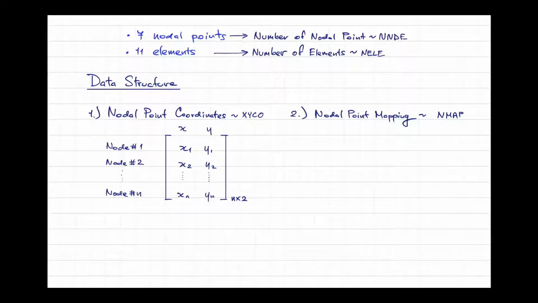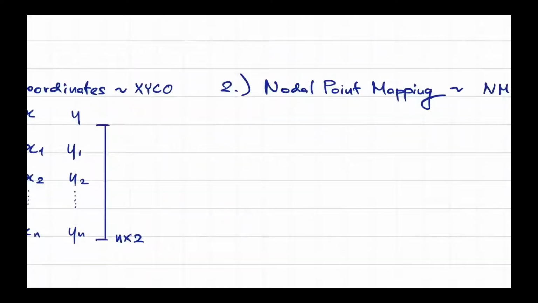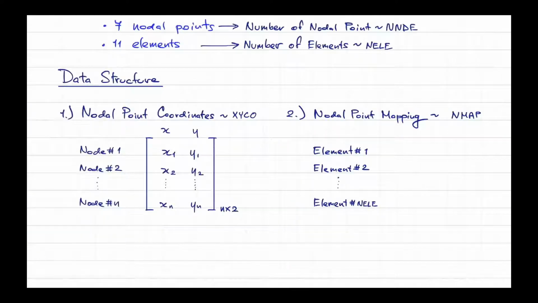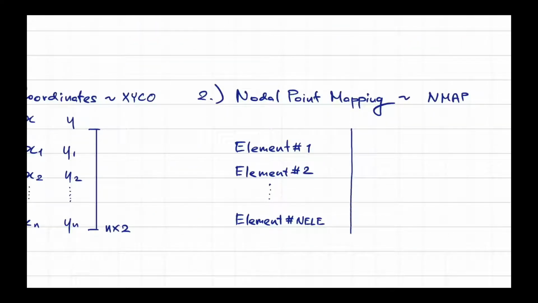We have number of rows equal to NELE. Alright, we have element number 1, and then inside you have the nodal point number for the starting and the nodal point number for the ending, NS and NE.